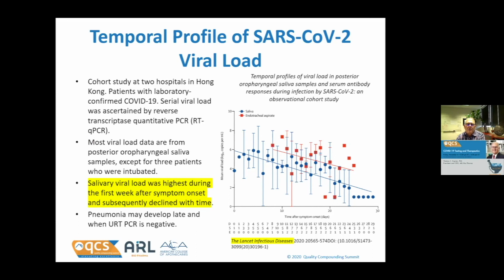And this was a cohort study from 2 hospitals in Hong Kong. And then these are the results illustrating that the viral load was highest during the first week after symptom onset and subsequently declined with time. And you can see that based upon this regression line. And again, this mimics and verifies the data that you see in the other literature that I presented earlier in the presentation.